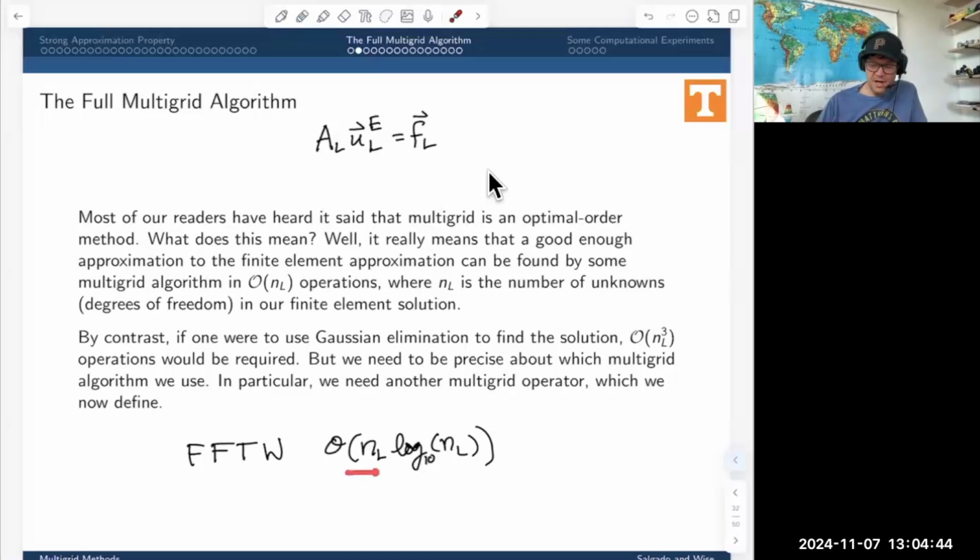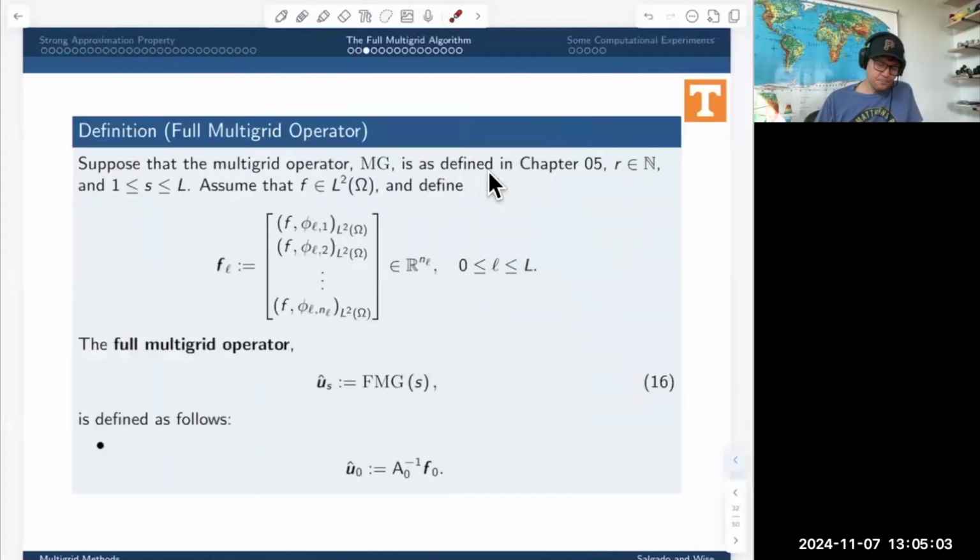So this is not optimal order, but it's still fairly cheap. If you're interested in learning about the FFTW, you can see a discussion of that in our book. But we're going to stick to proving this fact, that the multigrid algorithm in this flavor is optimal order.